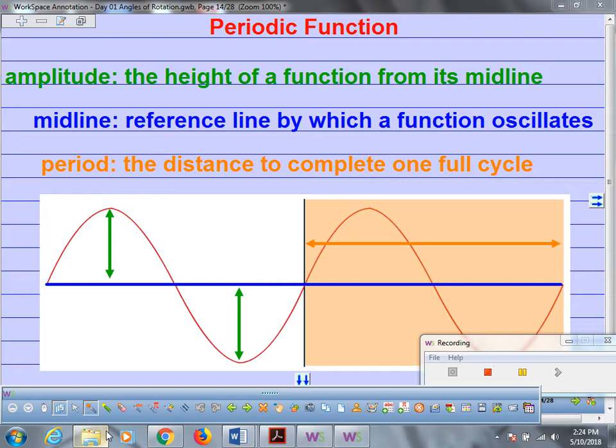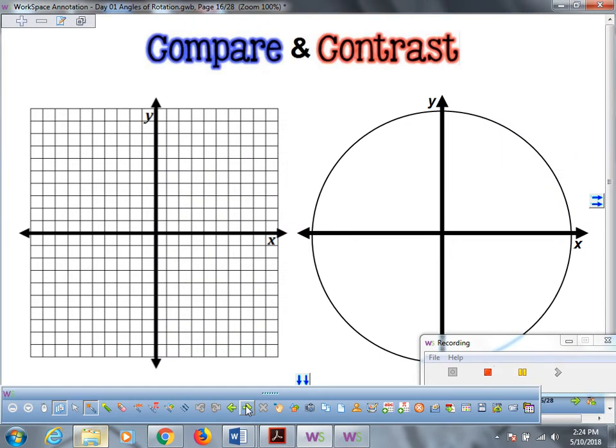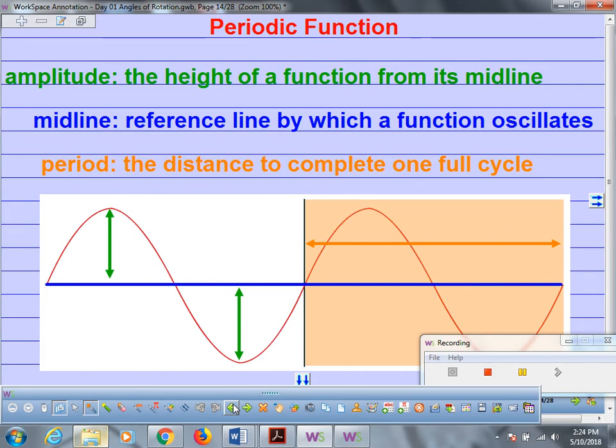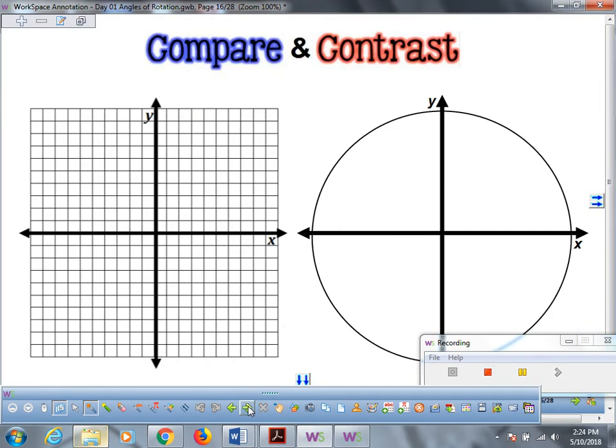That way you guys get to see it before tomorrow, okay? All right. So, compare and contrast. Absolutely. If you want to take a picture, that'd be great. Okay. Let's compare and contrast these. 15 seconds in your table groups. Compare and contrast.